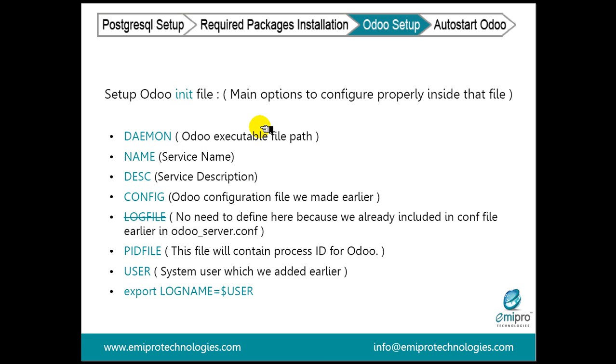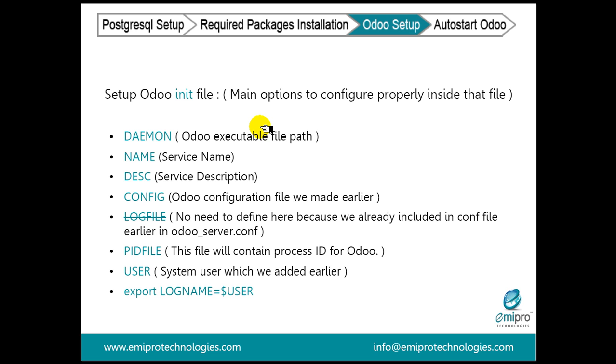However, it is very essential to understand the basic options in the Odoo init file. It will have a daemon, which will be the Odoo executable file path, the name and description of the service, config, which will contain the Odoo configuration file that we made earlier, and log file, which is not needed, so you can remove it because we have already added the log file option inside the Odoo configuration file.